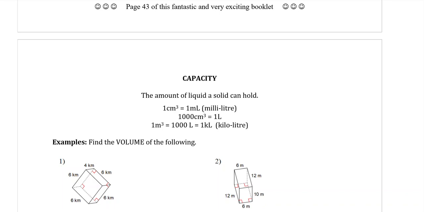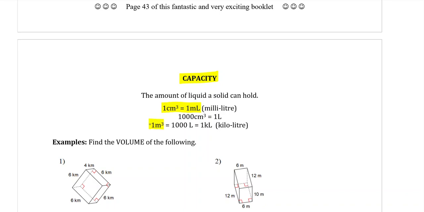You measure them in millilitres or litres, or those kind of units, which we call capacity. So I basically bring it all back down to 1 centimetre cubed is the same as a millilitre. You think of those little wooden blocky things that you used to play with in primary school, these fine little 1 centimetre cubes, they hold 1 mil, okay?